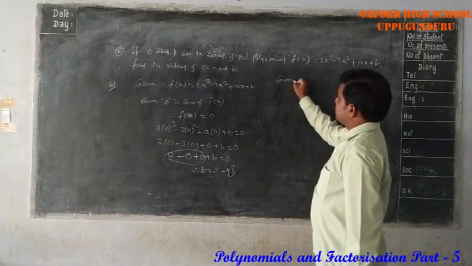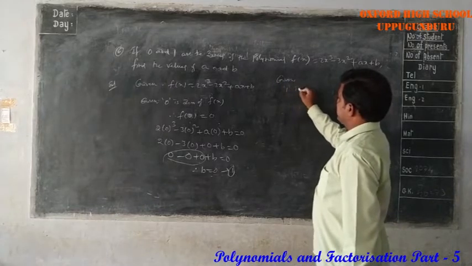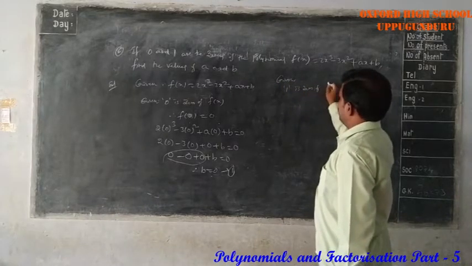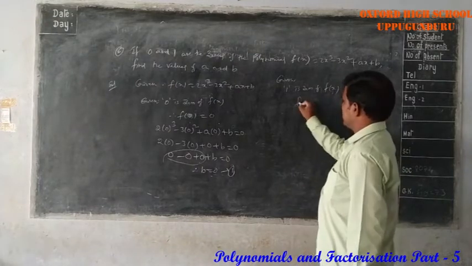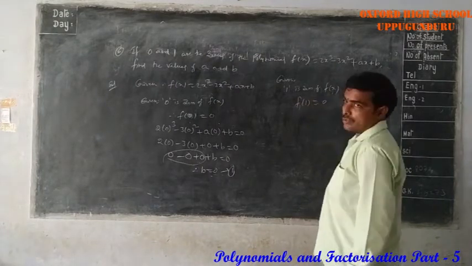Now, what is the second condition they give? Given 1 is 0 of f of x. If 1 is 0 of f of x, it means f of 1 equal to 0.